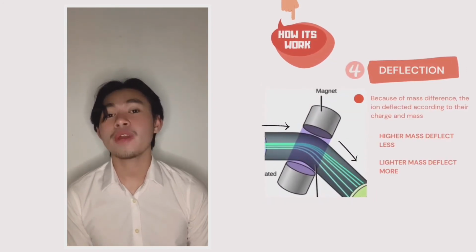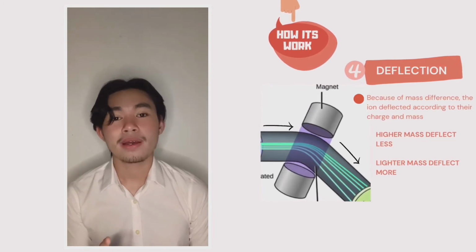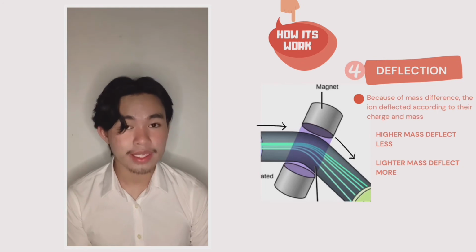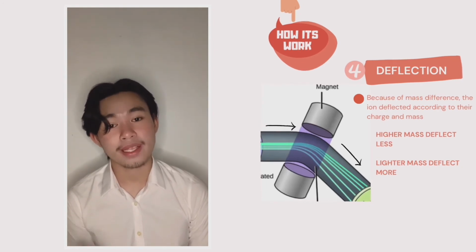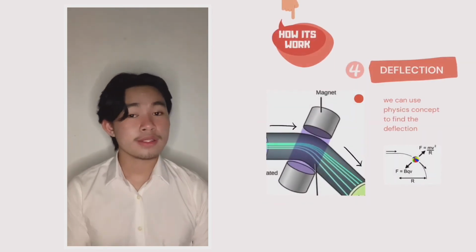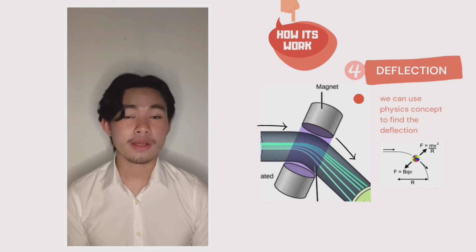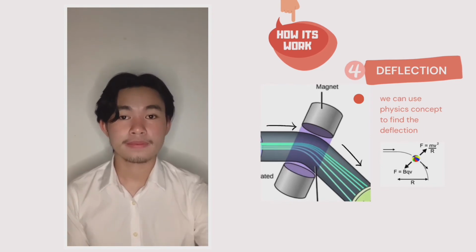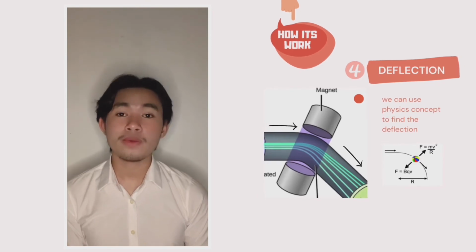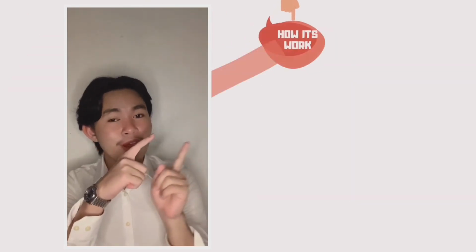So for example, if you have a larger mass, the deflection will be less. And in contrast, if you have a lighter mass, the ion will be deflected more. The concepts of physics, which are force and also motion, are also applied in this deflection of ions. So if you want to calculate the deflection of an ion, you can use this formula.